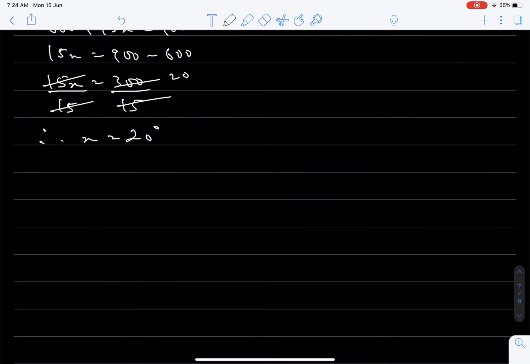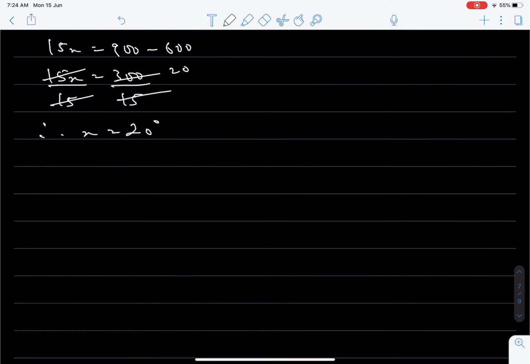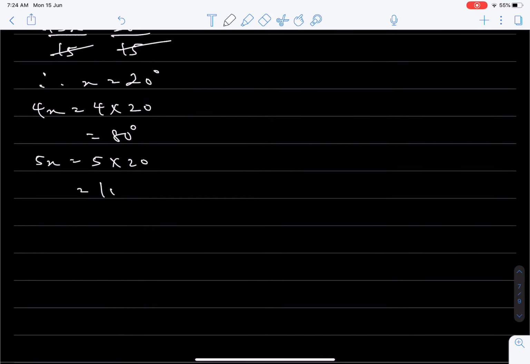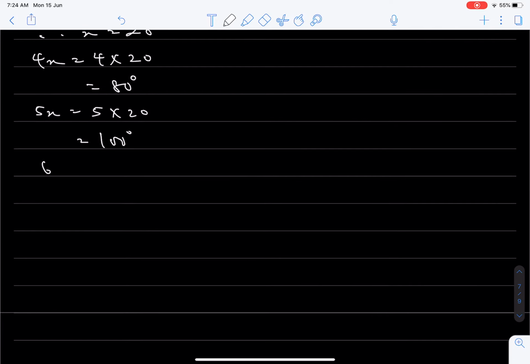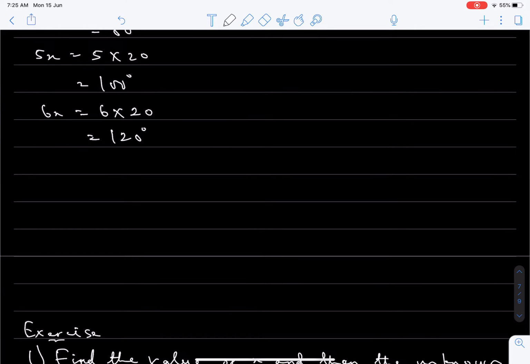So that means 4x equals 4 times 20, which is 80 degrees. 5x equals 5 times 20, which is 100 degrees. And 6x equals 6 times 20, which is 120 degrees.